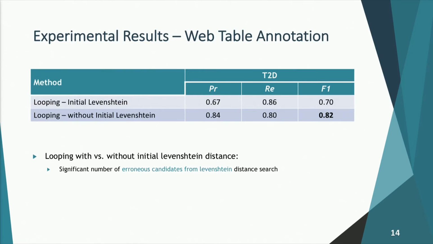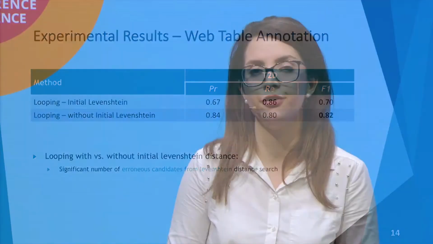If the candidate that comes from the Levenstein edit distance is only 1, we add it to the initial graph. While in the second one, even if it is only 1 candidate, we don't add it to the initially created looping graph. And as you can see, we achieve 12% better F1 measure in this case.